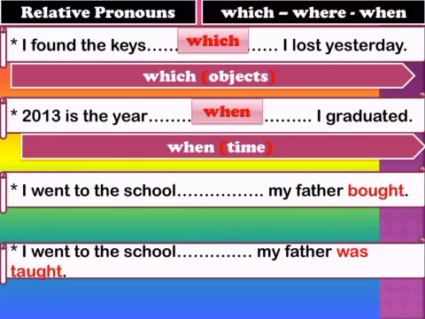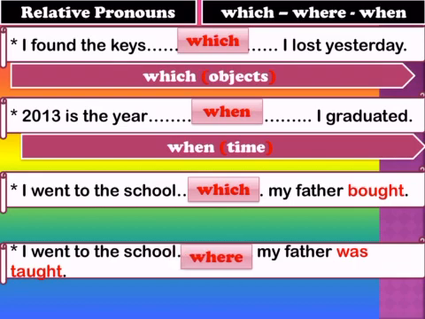Look at these two examples. I went to the school which my father bought. I went to the school where my father was taught. So, in the first example, what are we going to use, which or where? Actually, we are going to use which. In the second one, we will use where. Why?